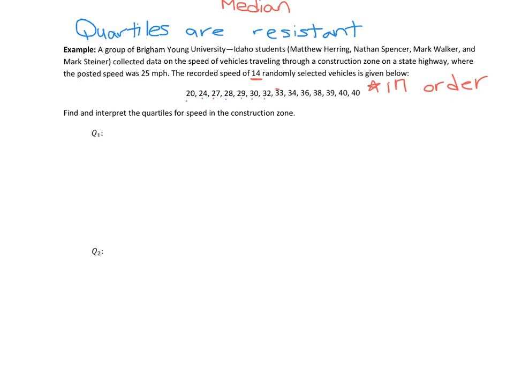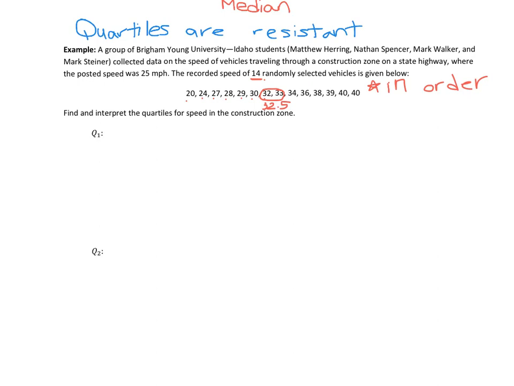So the median would be the mean of the 7th and the 8th entry, or the midpoint between 32 and 33. So the midpoint would be 32.5.